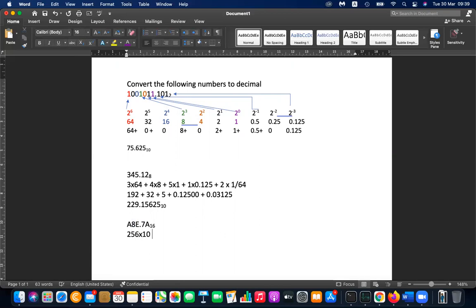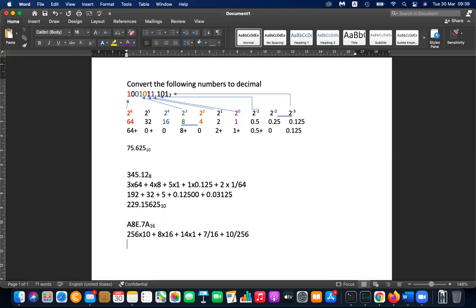A means 10, plus 8 into 16 plus, and this E means 14, 14 into 1, plus 7 divided by 16. That 7 divided by 16 will be the value. And the next one will be A means 10, 10 divided by 16 into 16, 256 is the value.